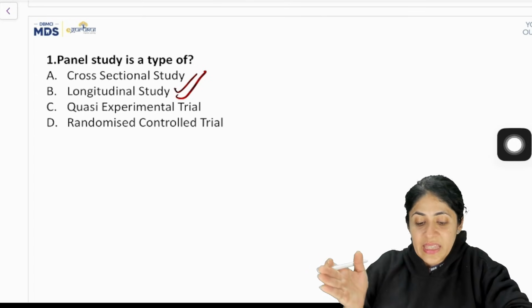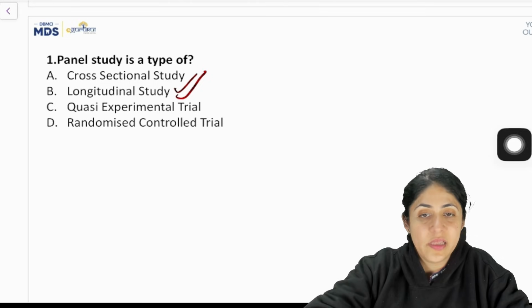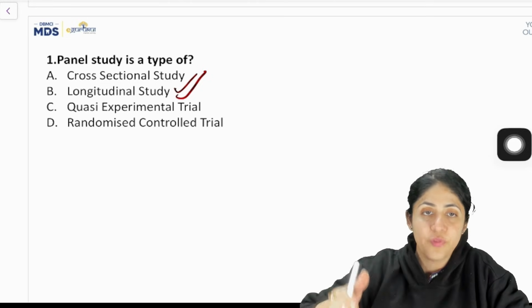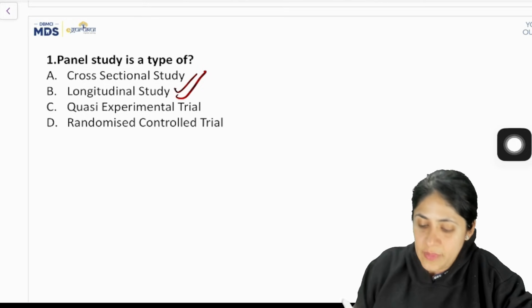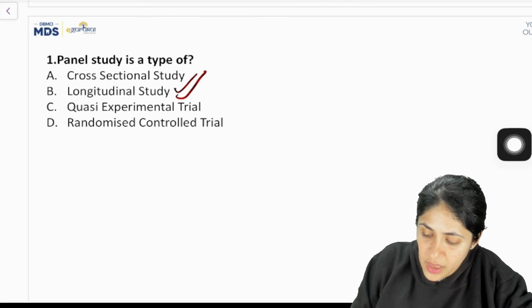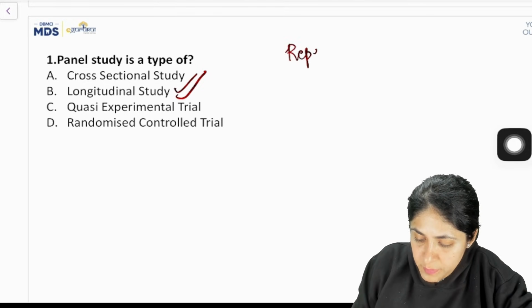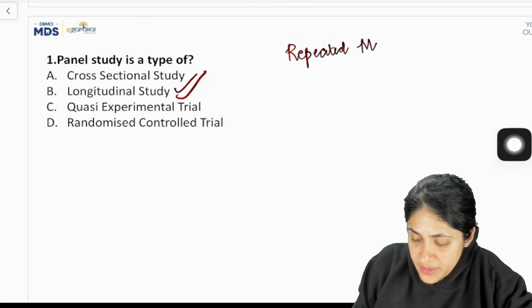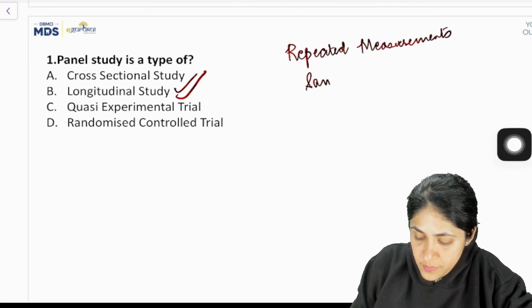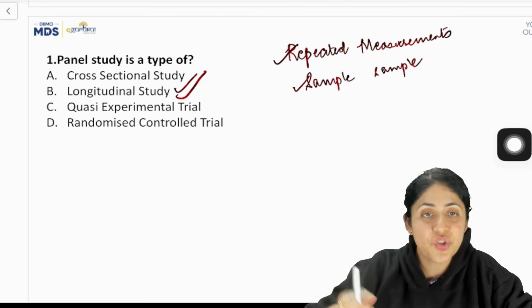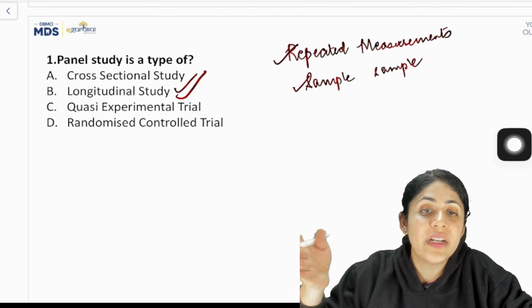Now the key feature of the panel study is that they collect repeated measurements. The subjects are measured repeatedly, from the same sample. The group of people is the same, and they are measured repeatedly at different times.